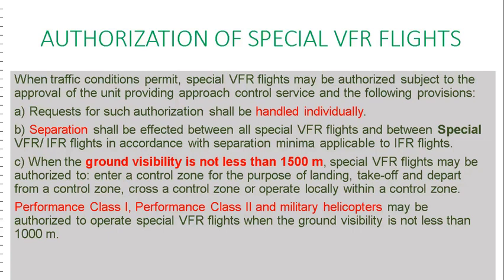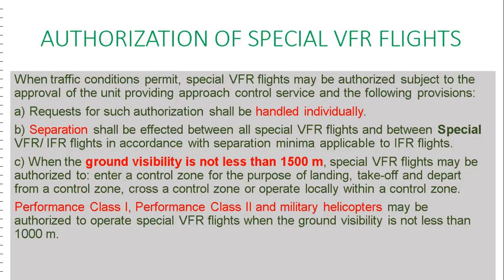The controller can authorize those to operate special VFR when ground visibility is not less than 1,000 meters. So below 1,500 meters special VFR is also allowed, but only for these three cases.